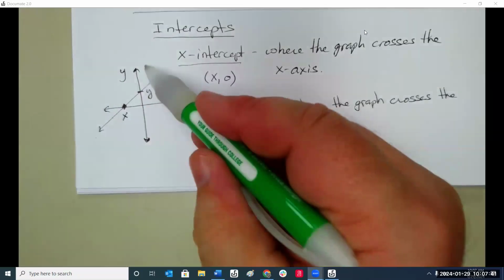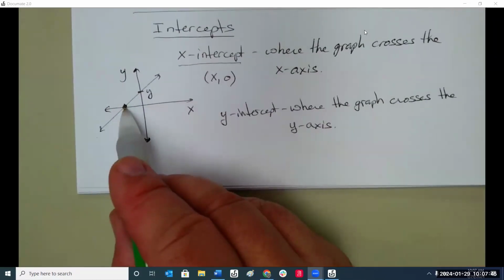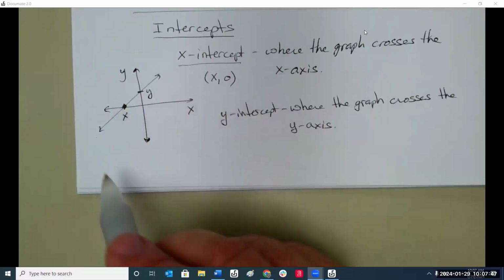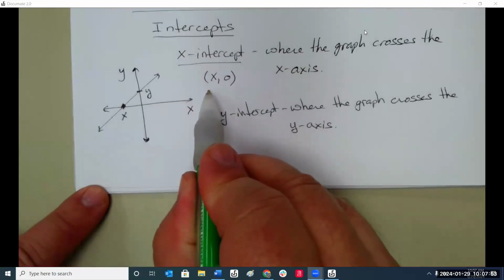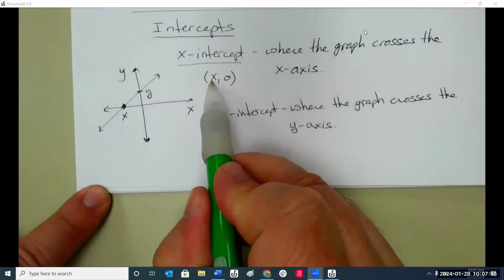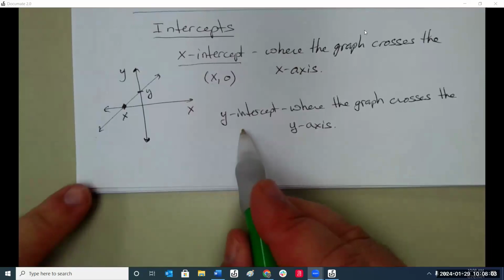If you look at it, if you go up and down, the y value of an x-intercept is 0. So if I said the x-intercept is at (5, 0), then we know exactly where that line crosses the x-axis, at the number 5. How about the y-intercept?